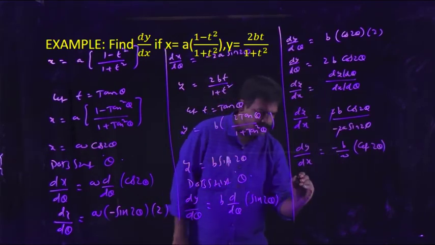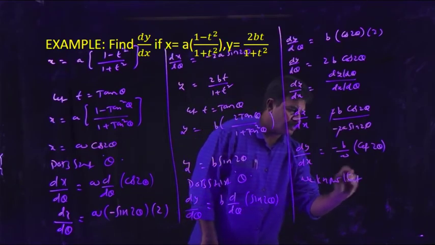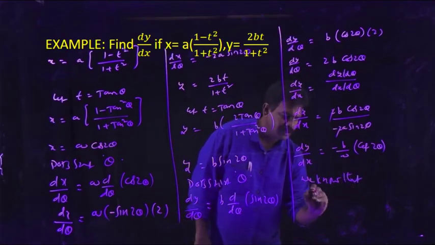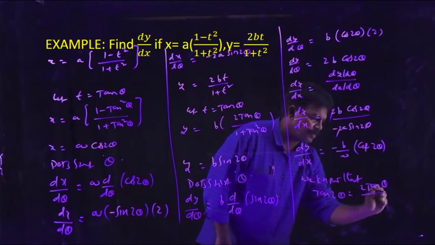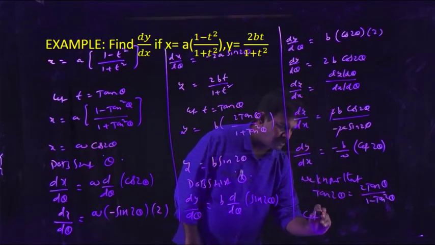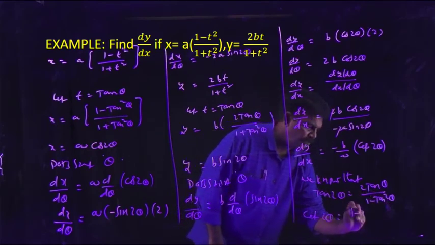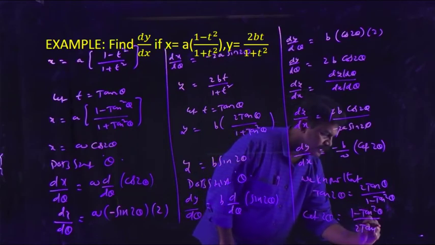We know that tan 2 theta is equal to 2 tan theta by 1 minus tan square theta. But here cot 2 theta is there, that is 1 minus tan square theta by 2 tan theta.